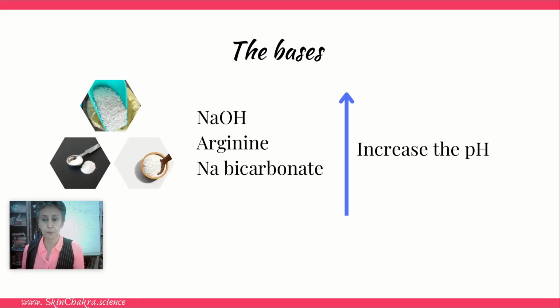To increase the pH, we obviously need a base, and the bases that we usually use in cosmetic formulations are sodium hydroxide, arginine, or sodium bicarbonate. When you are purchasing acids and bases, do not go to the grocery store, to the bakery goods aisle or the home care aisle.